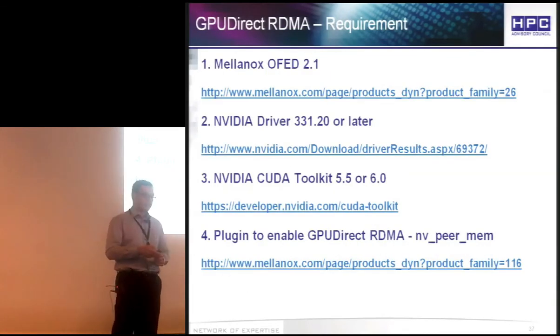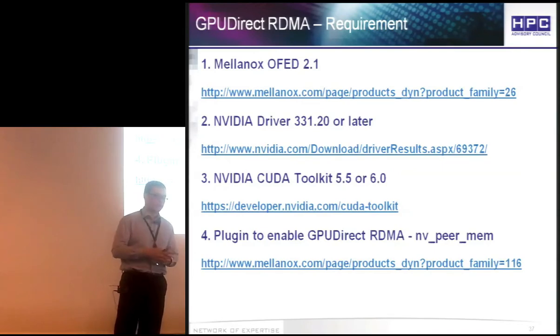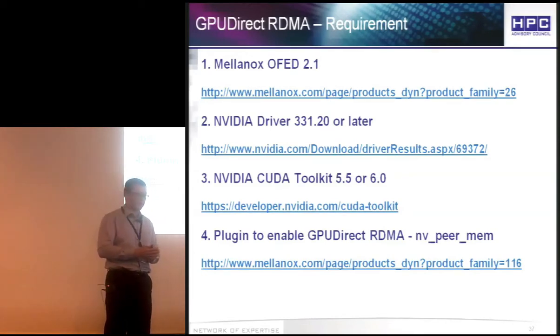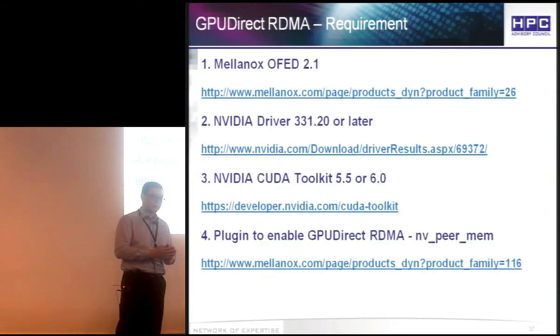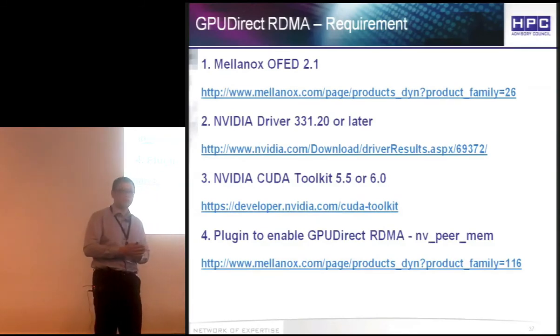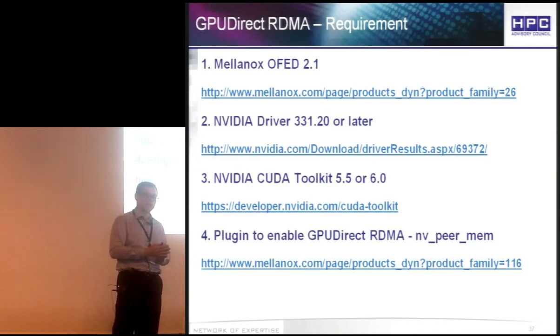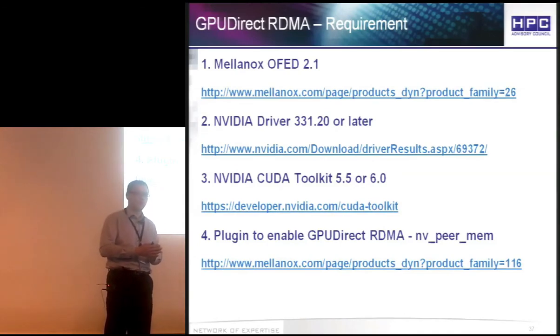So in order to use GPUDirect RDMA, there are requirements that you need to meet. As previously mentioned, there are a few prerequisites. You need the Mellanox OFED software, and the NVIDIA driver, so that it has the support. The CUDA toolkit 5.5 would have support. If not, then you can also use 6.0.